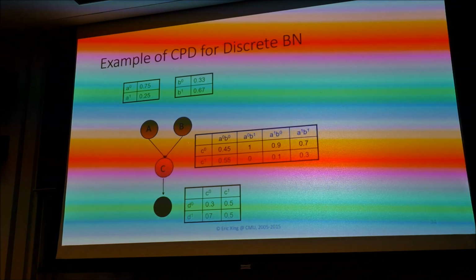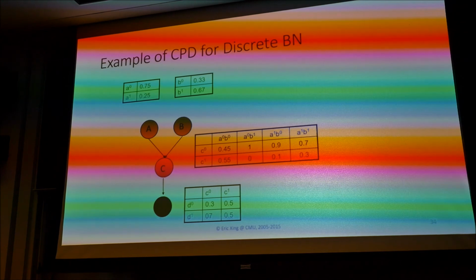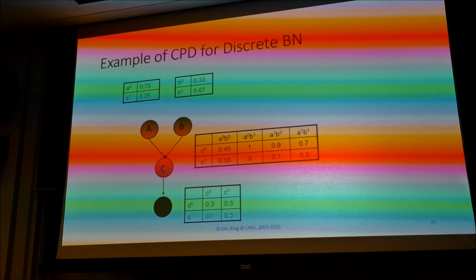Okay, so of course this is different configurations of the parents and different values that C can take. There is no specific convention on whether you put the parents on the rows or columns. Just stick to one, and when you are implementing it, make sure that you don't confuse yourself, where one of them is row-wise and the other one is column-wise.